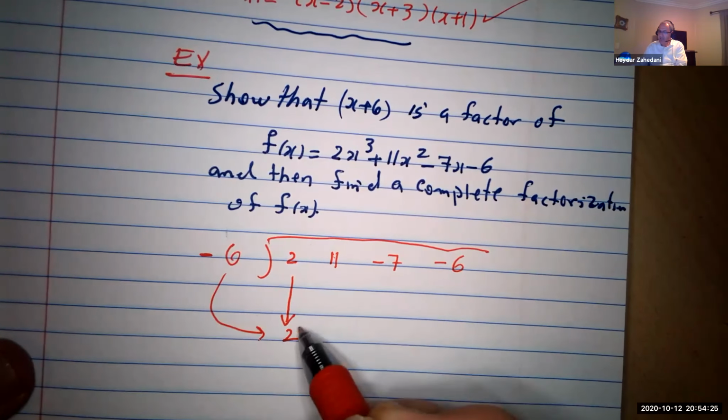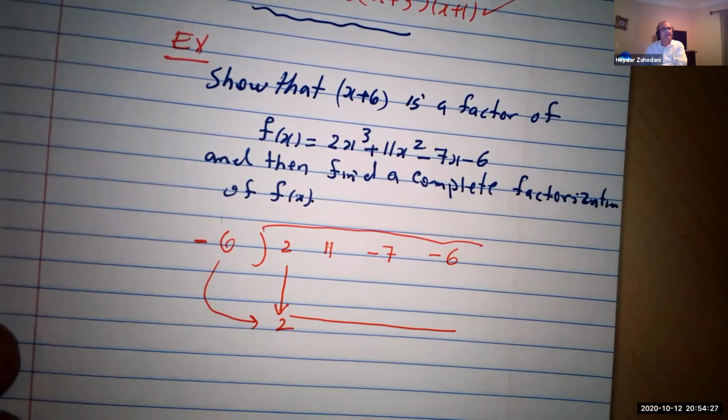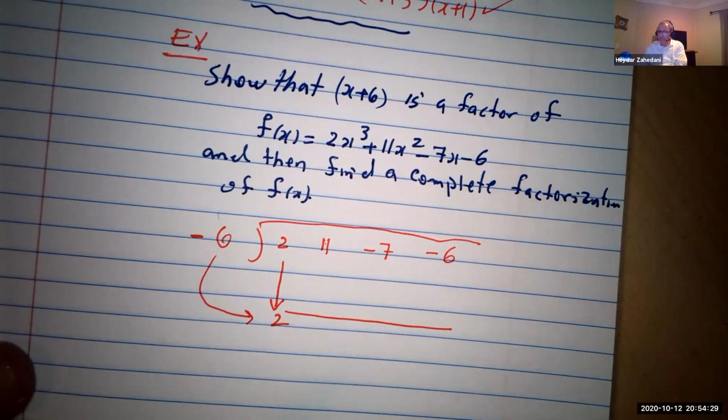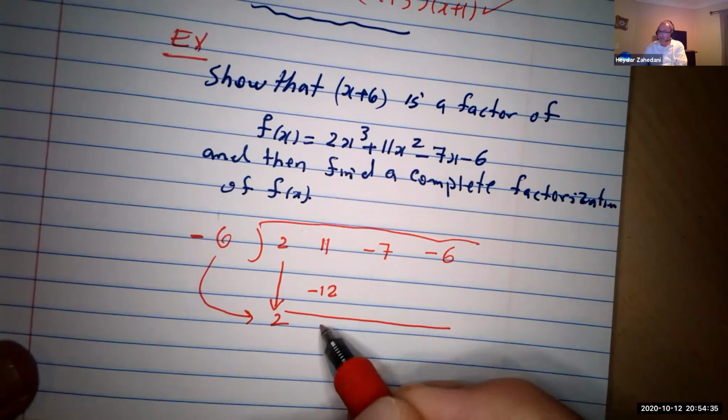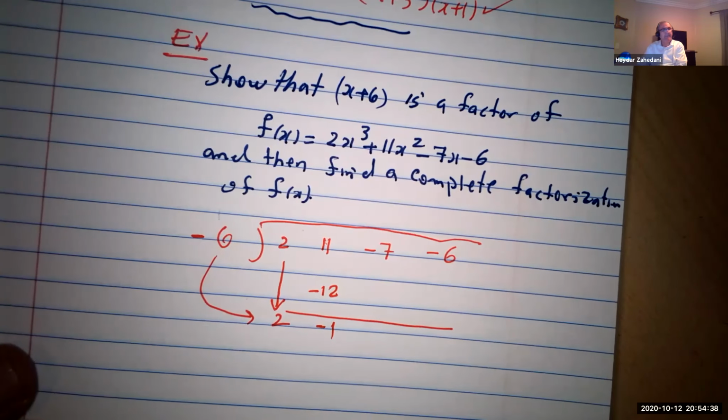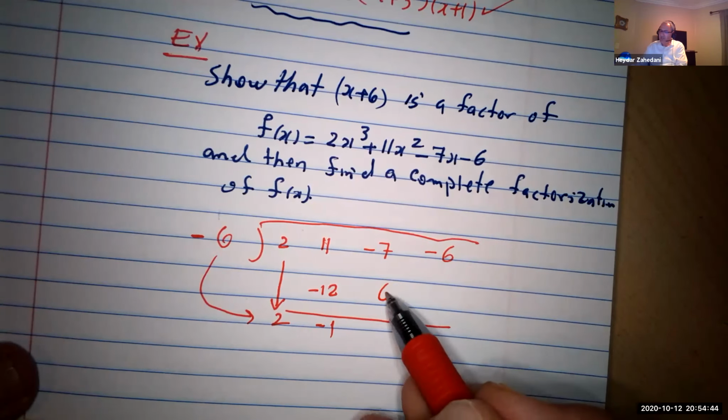Then we multiply. -6 times 2 would be -12. You add, we get -1. We continue, -6 times -1 gives a +6, so that gives -1.